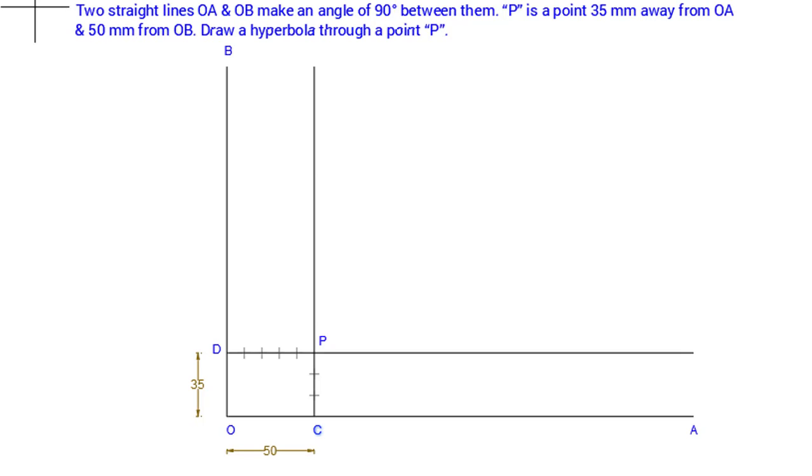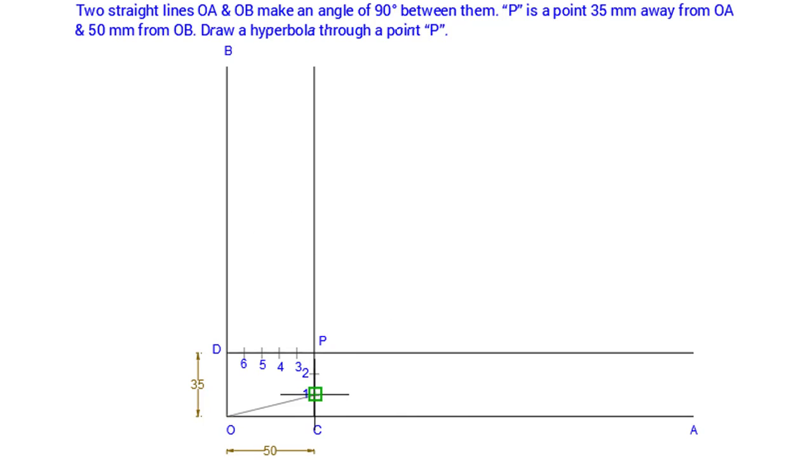After that, we will name the points on line CP by point 1 and point 2. Same way, name the points on line DP by point 3, 4, 5 and 6.